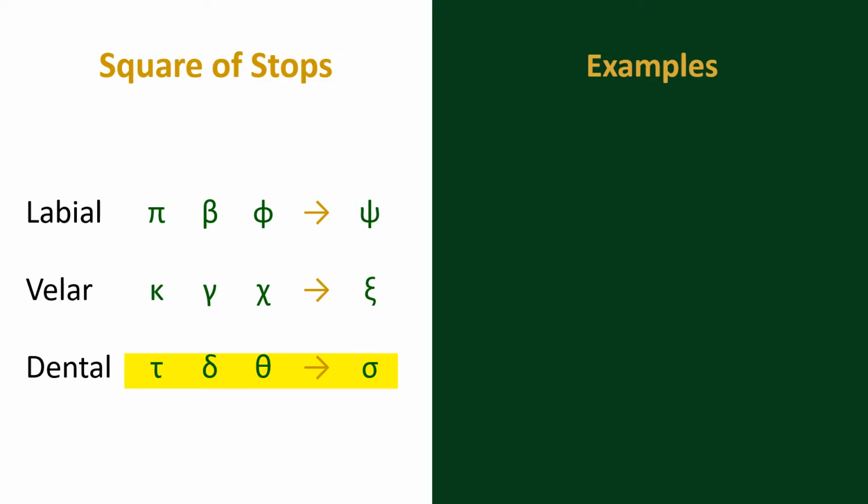Let's see how this works using a common example of each type. First, using the root blep. When the tense formative sa is added to the stem blep, the labial pi plus the sigma forms psi. Thus we get eblepsa, I saw.